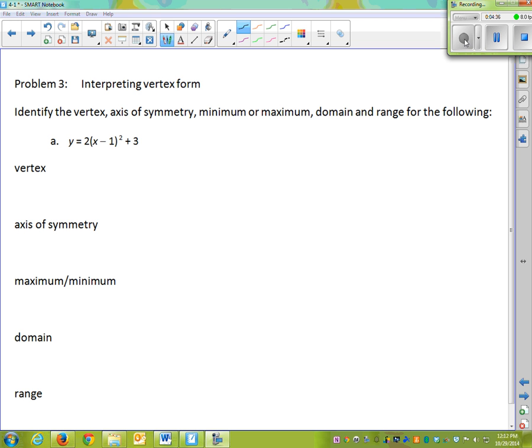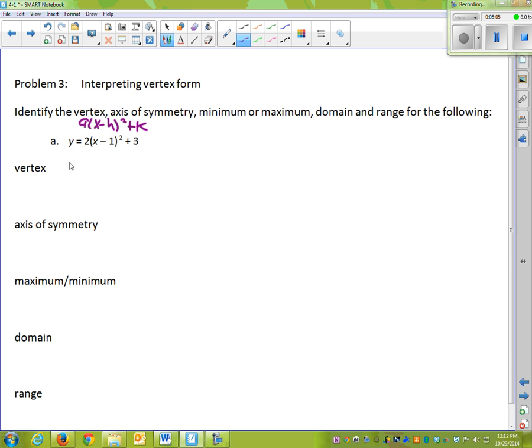In our next example, we're going to look at just information we can gather by the equation itself without graphing. Identify the vertex. Vertex form, so I can look right at the equation and tell what my vertex is. It was a (x minus h) squared plus k.